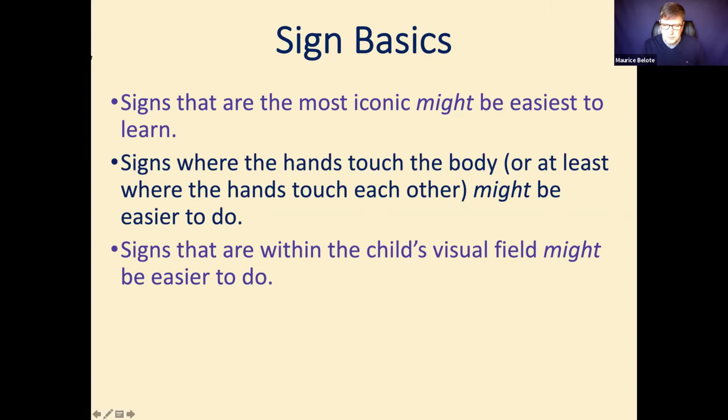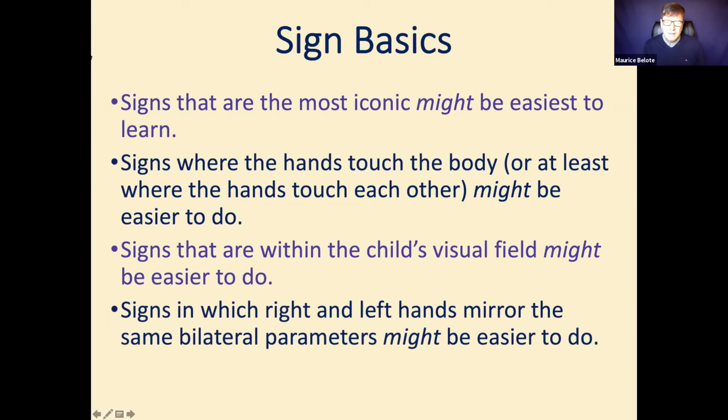These are specific to children who are deafblind. Signs that are within the child's visual field, if the child has vision, might be easier to do. And signs in which right and left hands mirror the same bilateral parameters might be easier to do.